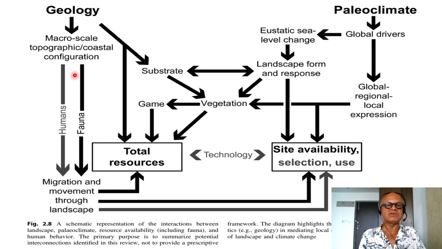So this is interesting to go through. Geology can be a driver which changes macro scale topographic and coastal configurations, shelf areas, mountain building, and so on, and of course can also change substrate, nutrients, and vegetation dynamics. These topographical coastal configurations affect the humans and the fauna, driving migrations and movement through the landscape.